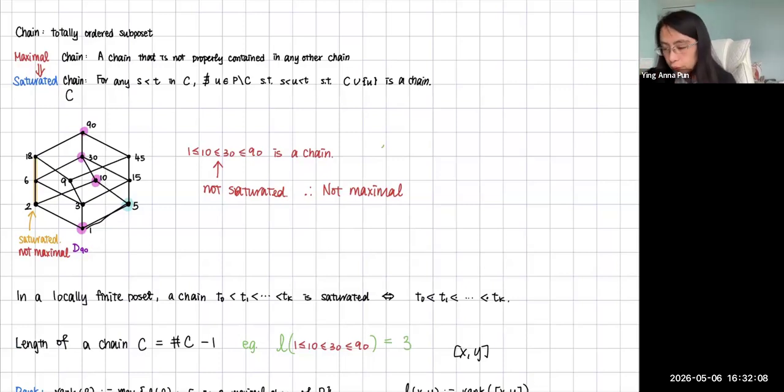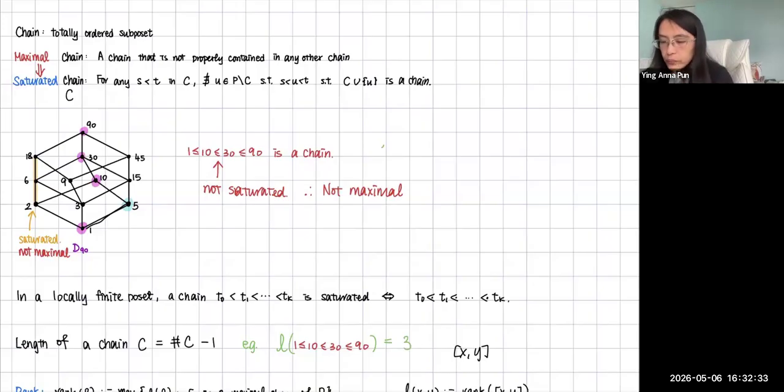You don't skip stops. You can think about this as a bus route. If it stops at every single stop in your path, then it's guaranteed to be saturated. If it's an express line that skips some of the stops, then it's still a chain, still one route, but it is not saturated.